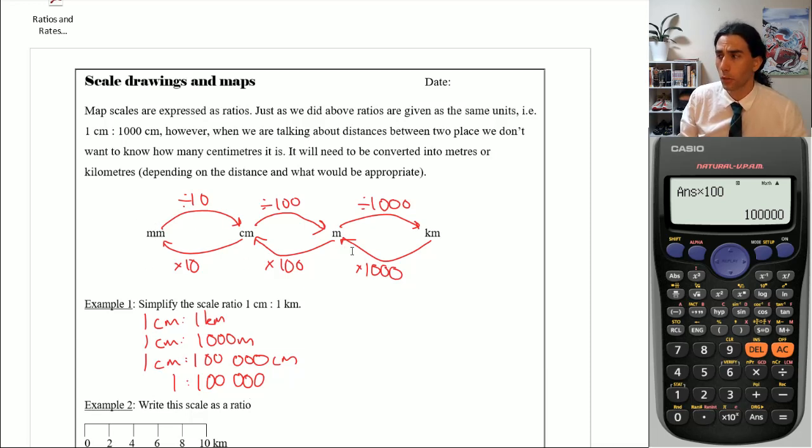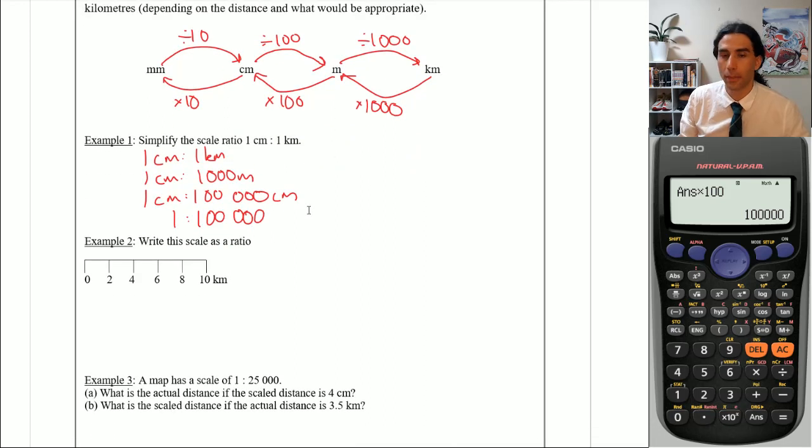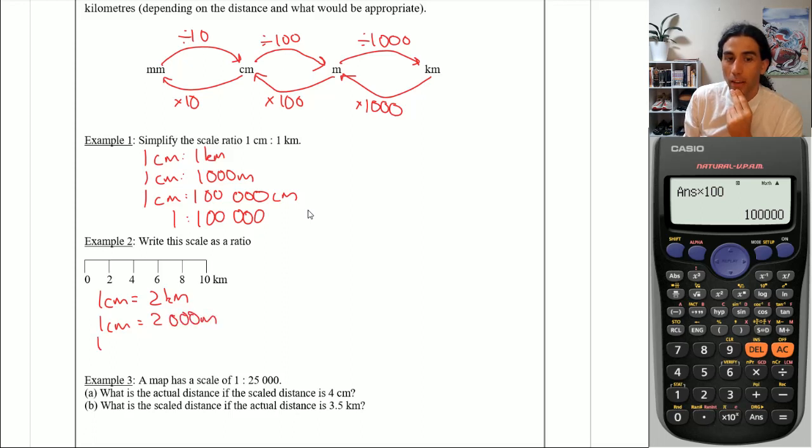Now I'm going to scroll down just a little bit here so I can do examples 2 and 3. Example 2. Well, I'm going to assume here from my monitor that that's 1 centimeter. So I'm going to say 1 centimeter is 2 kilometers and do the same process as before. So 1 centimeter, how many meters? Well, it's 2,000. How many centimeters is that? 200,000.